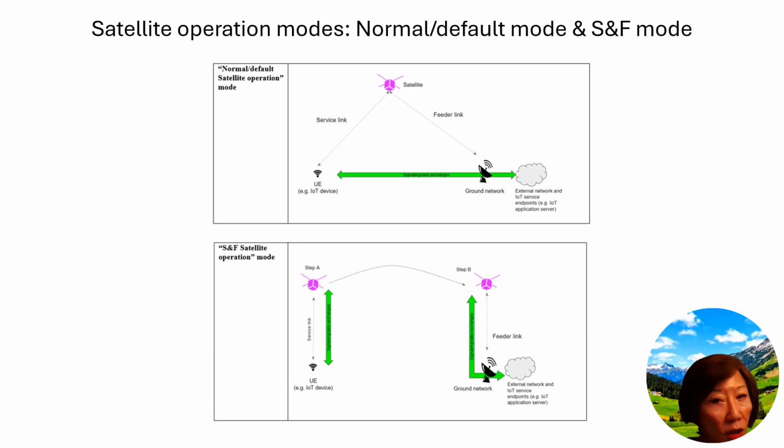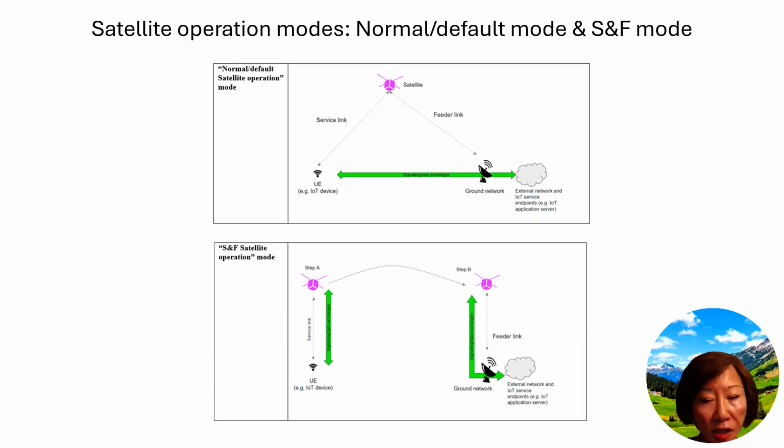So let's take a look at the top diagram first. And for all diagrams, I'd like to first take a look at the elements. What are the elements quickly on the picture so that we can immediately spot what we're looking at. So first of all, the elements. We see a satellite represented by a stylized satellite icon at the top of the image.